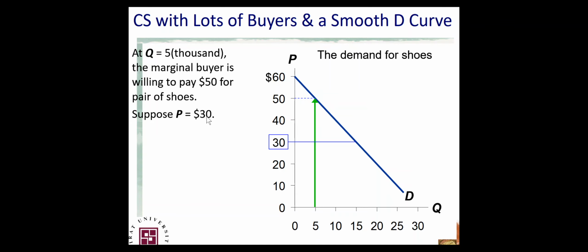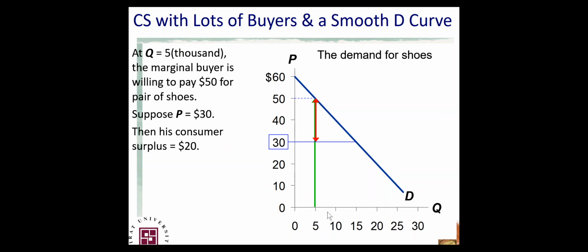Let's suppose the price is 30, not 50. Just assume it. How about the quantity demanded? In that case, the consumers are still around 5,000 in the demanded quantity.